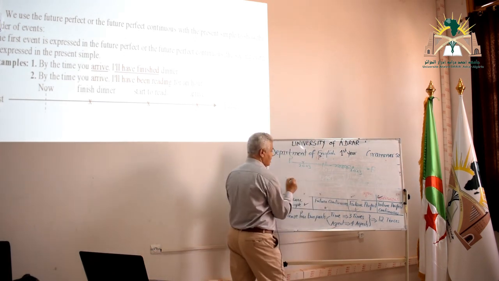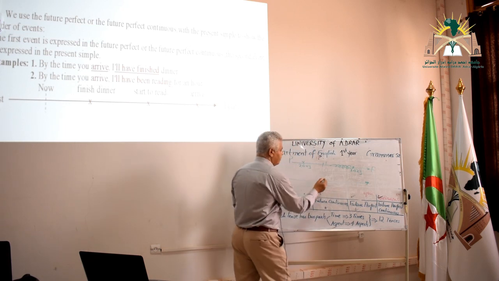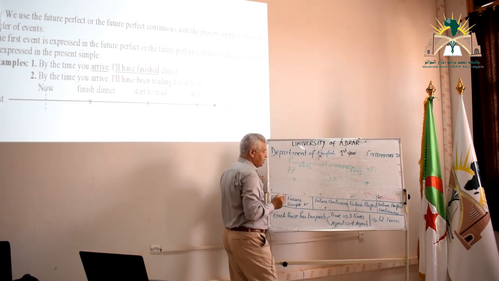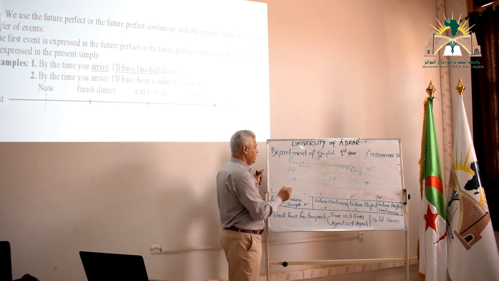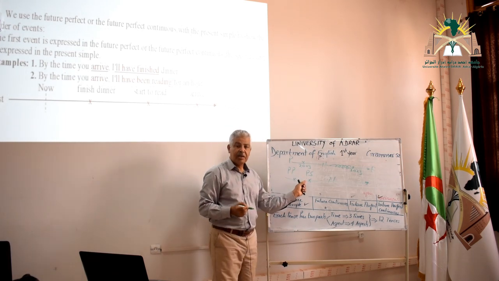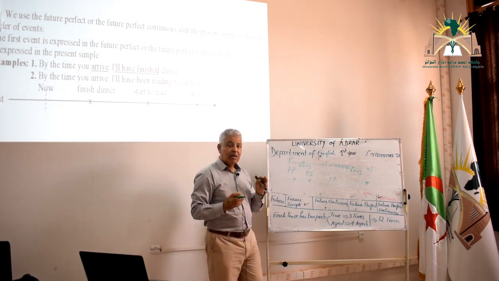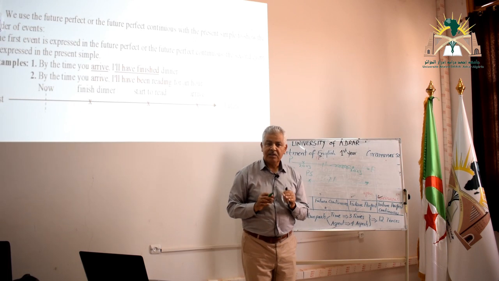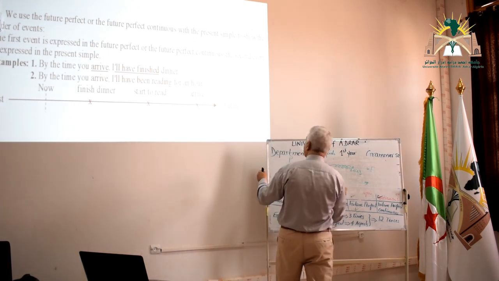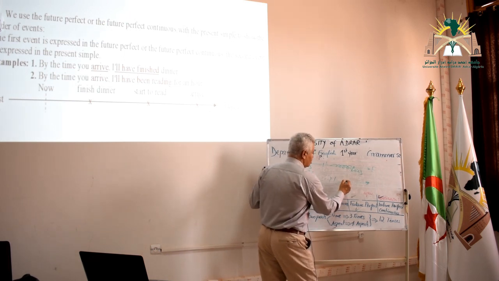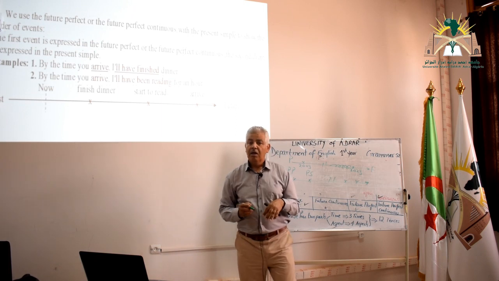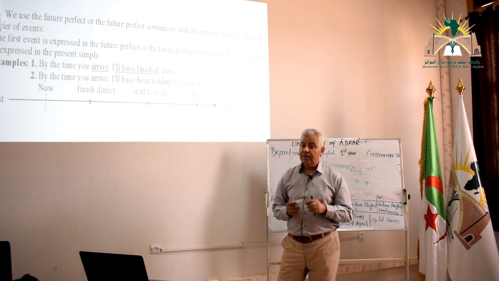Remember when we talked about the past perfect for the action that happened first, chronologically, and past simple to express the action that happened second. We think about this exactly when we talk about the future perfect and present simple: two actions in the future, and the order is important.